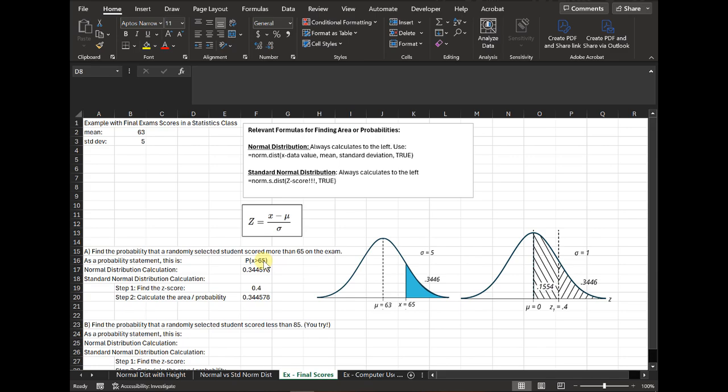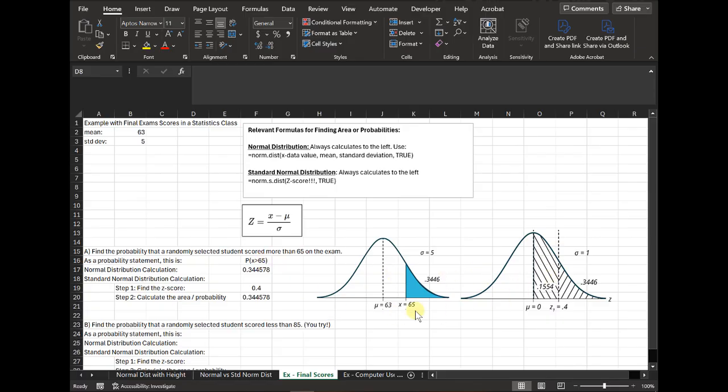The other thing you're going to want to do right away is draw a normal distribution that goes along with your situation. The normal distribution that you draw will depend on what type of distribution you're choosing.